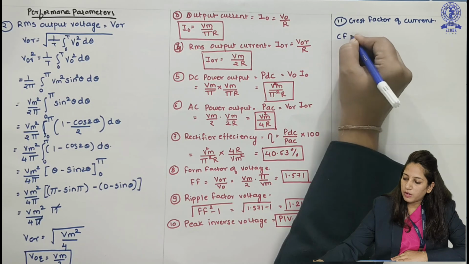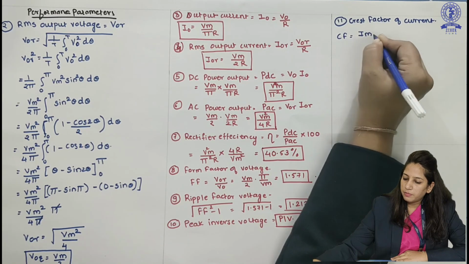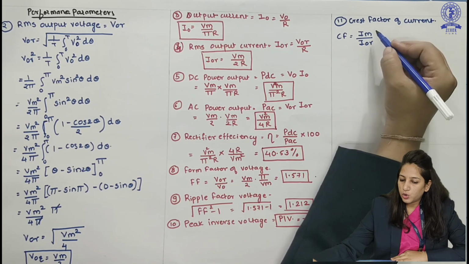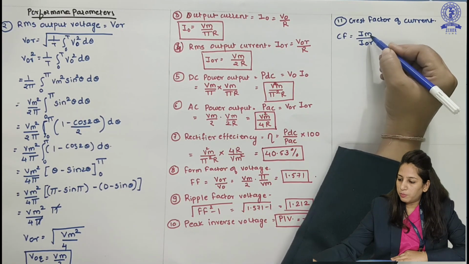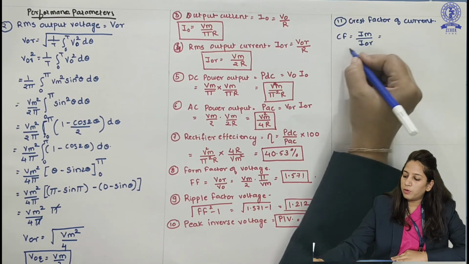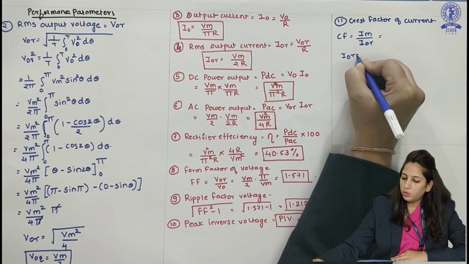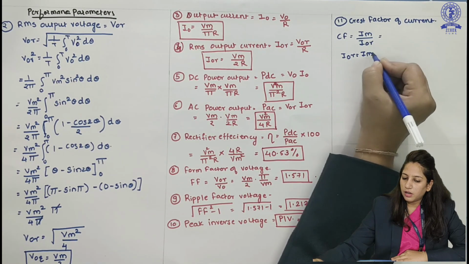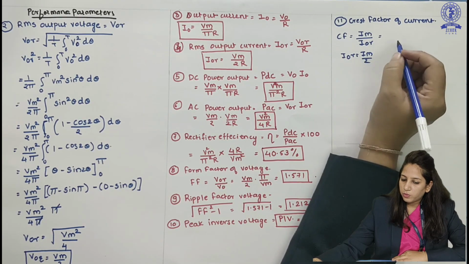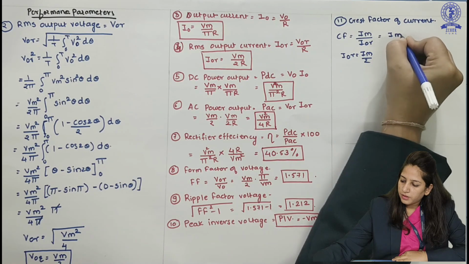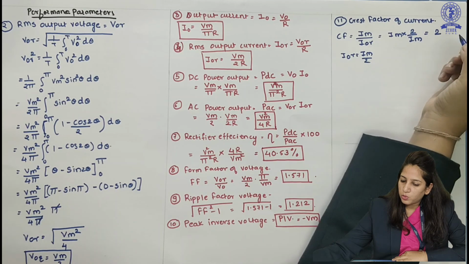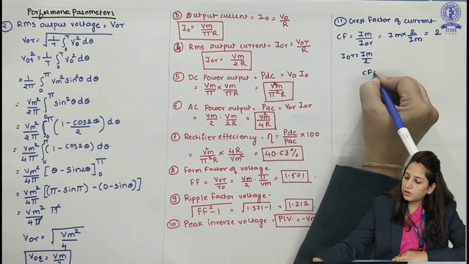First of all, the formula: crest factor is equal to Im upon IOR, the ratio of maximum current to RMS output current. We know IOR is Im by 2, so Im into 2 by Im. My final value will be 2. So my crest factor is 2.